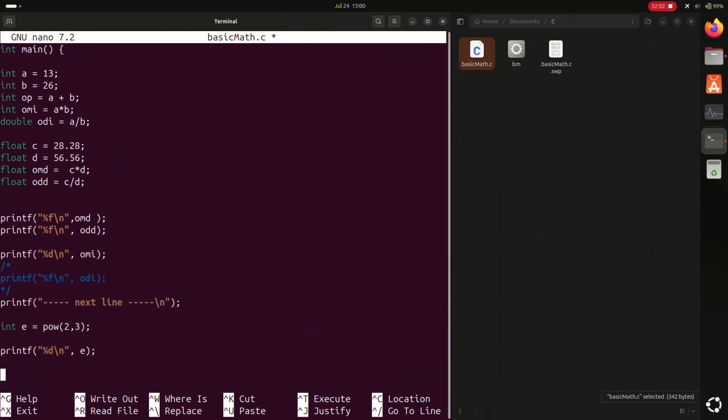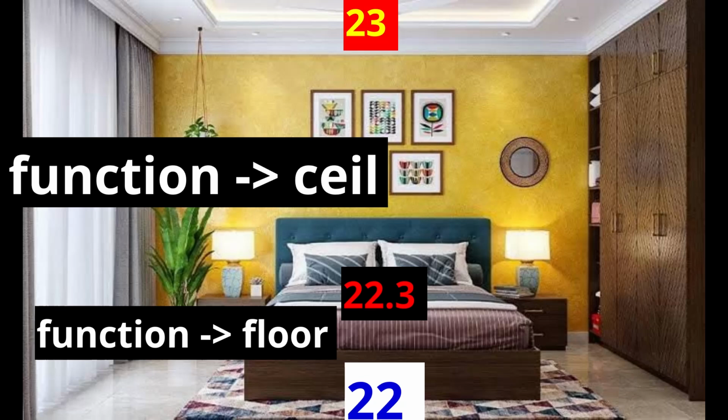Now what if I use the floor and ceil functions? So what is a floor function and what is a ceil function? On your screen you can see a room. If 22.3 is inside the room, the ceil function will take this 22.3 to the ceiling of that room, and the ceiling of that room is above 22.3, which is 23.